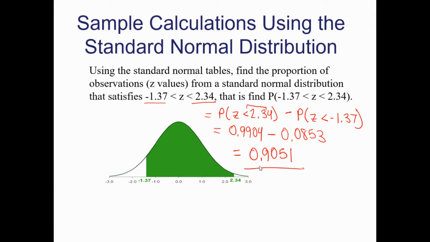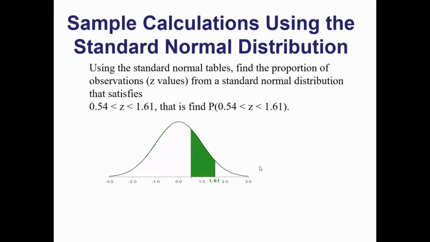Flip over to example 8. So in 8, they give us two new values, but the same process. We want to find the probability that z is between 0.54 and 1.61.